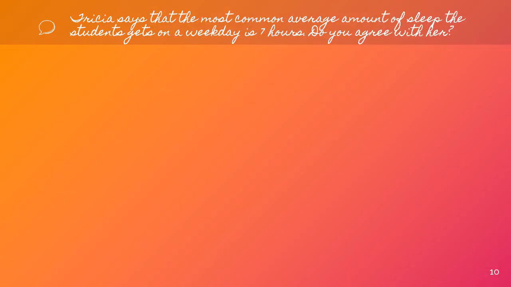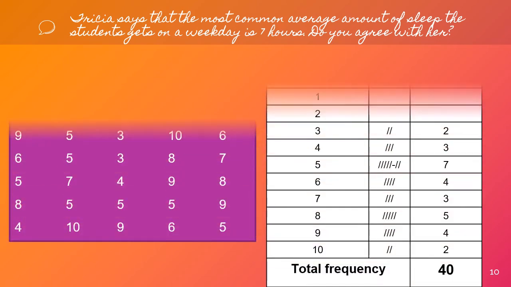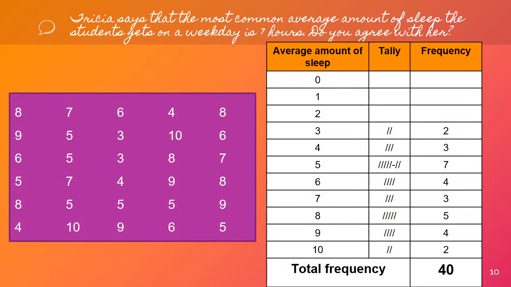So Trisha says that the most common average amount of sleep the students get on weekdays is 7 hours. Do you agree with her? Let me show the table again. 2 seconds to think. Okay, very good. No, we do not agree with her because the most common average amount of sleep the students get on weekdays is 5 hours.